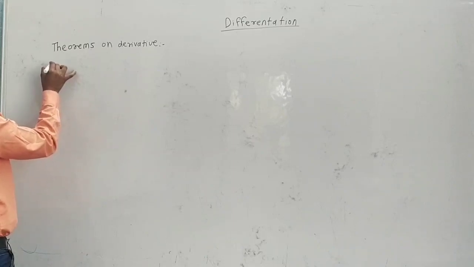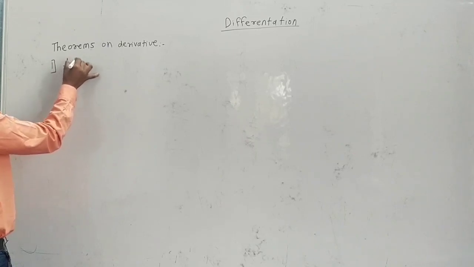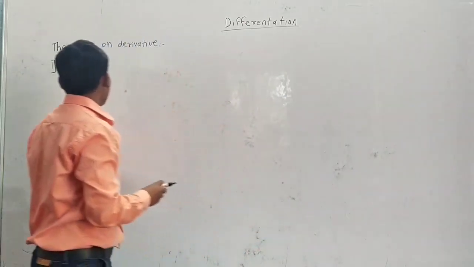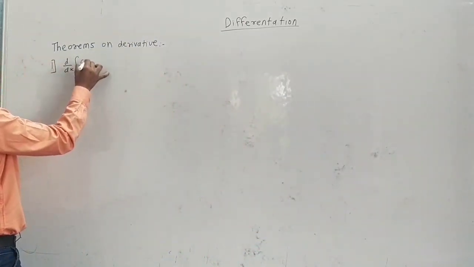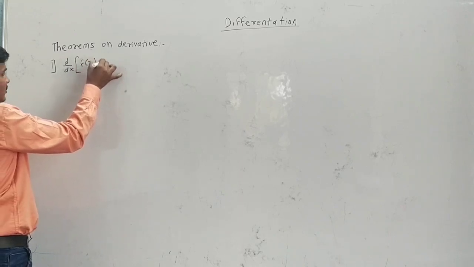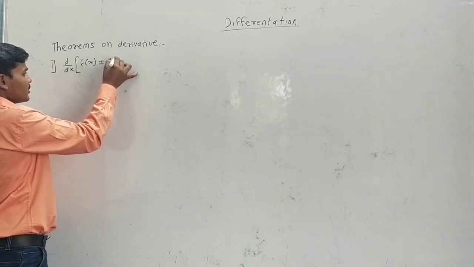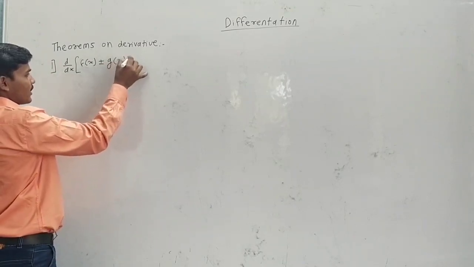We have two functions, f of x and g of x, then the addition or subtraction of the two functions, that is f of x plus or minus g of x.